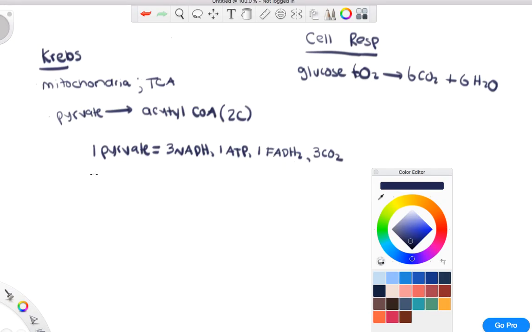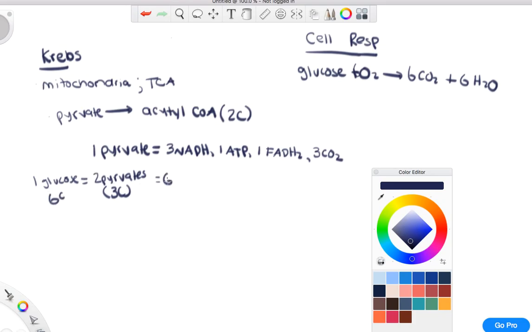That means in order for 2 pyruvates, which is actually equal to 1 glucose, because glucose is a 6-carbon molecule and pyruvate's 3 carbon. So, if you follow the atom conservation rule, you got 6 carbons and 2 times 3, 6 carbons.